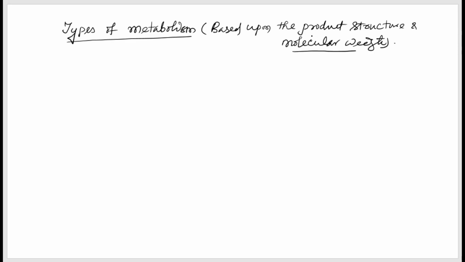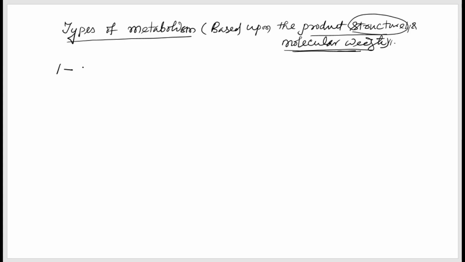This is also related with the product structure, because the more complex the structure, the more molecular weight will be found. So based upon that, you have two types.